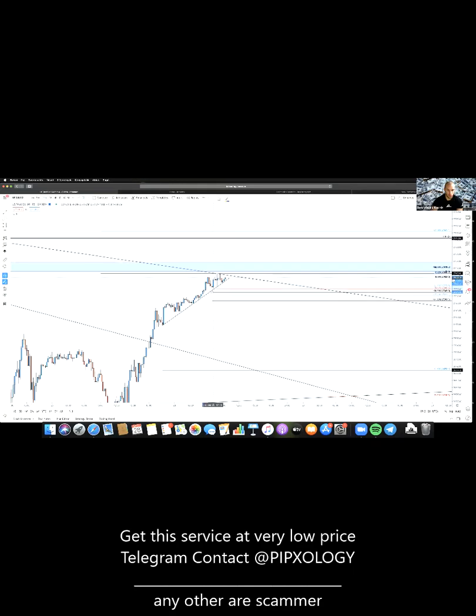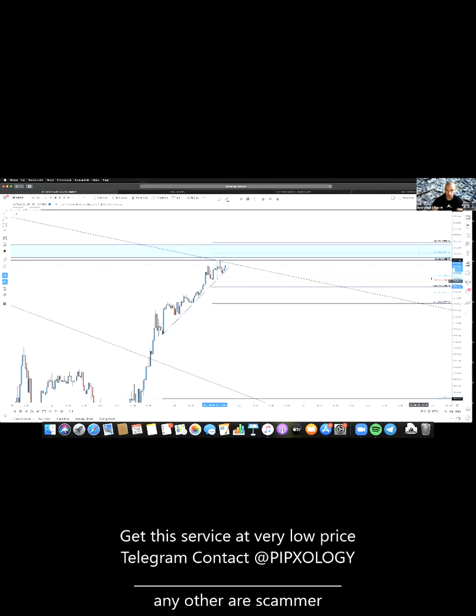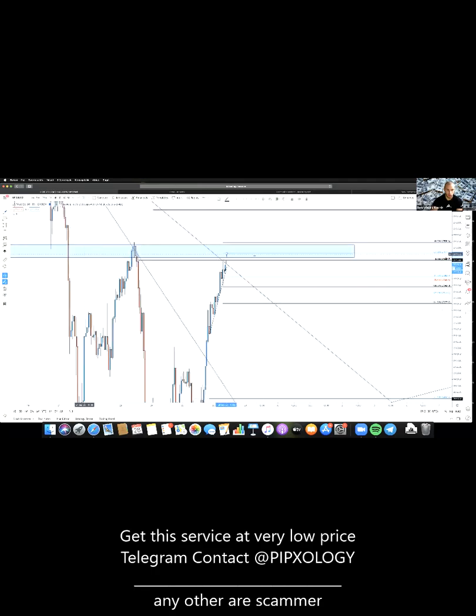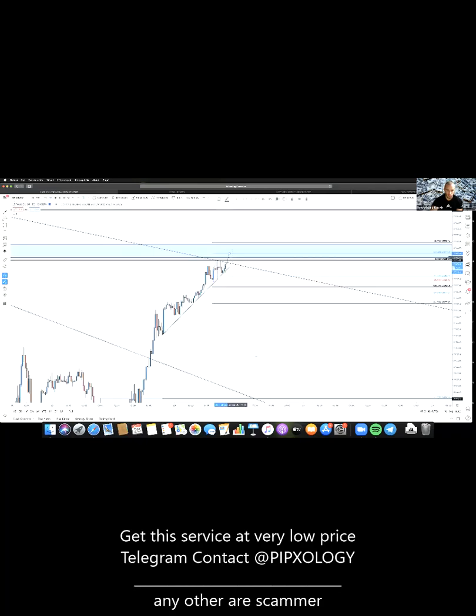The last leg, we can find the price topped at 61.8, and it looks like it's still pushing to the upside. So I think it's possible to make some fake breakout on the trend line, and it comes back to this level. And after it makes the bigger pullback, which is what we're expecting.